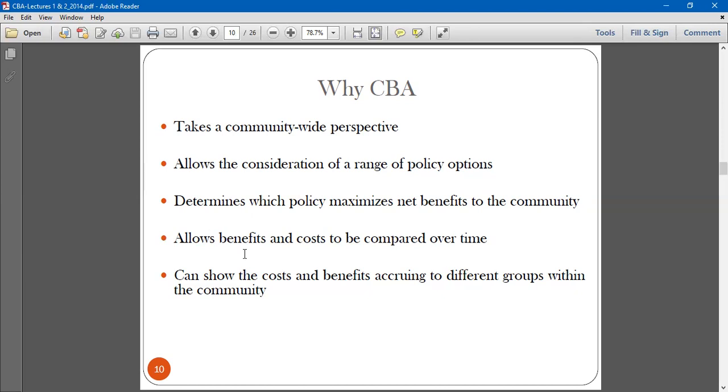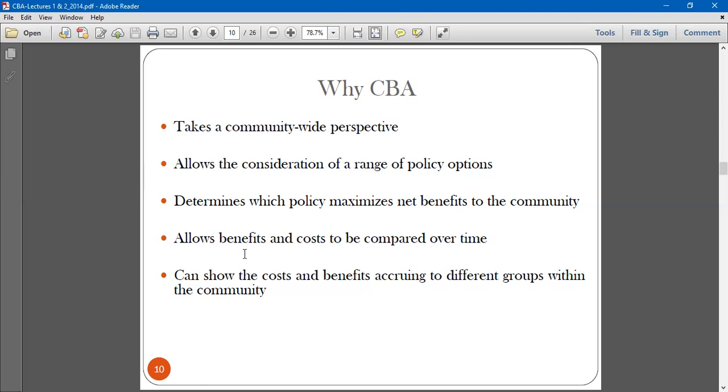Then we'll be able to, based on the criteria, know if we have to go for project A or we have to go for project C. And then we are able to know the kind of projects that we have to undertake so that the community will actually benefit the most, which policy will maximize societal welfare. Okay, so CBA will help us to know that out of different alternatives.